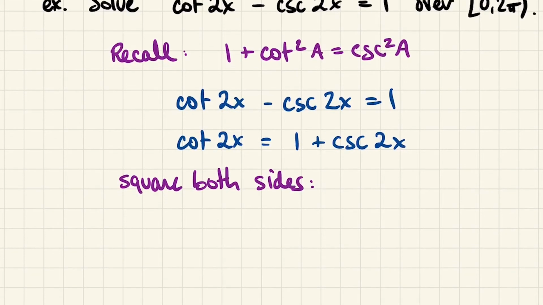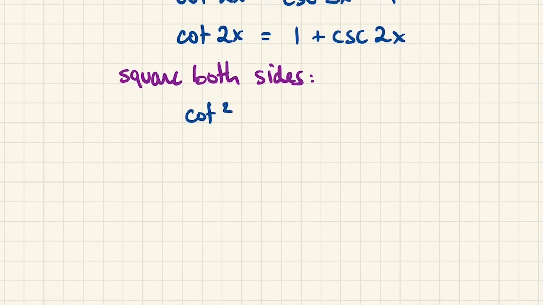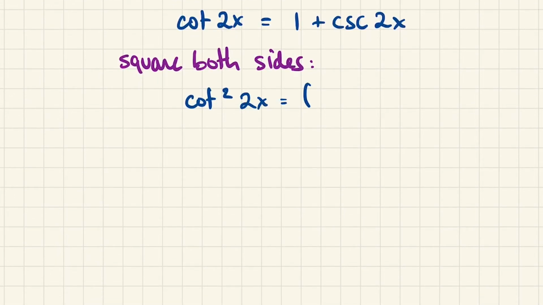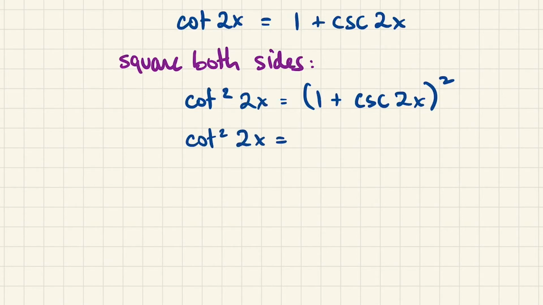So on the left, we're going to have cotangent squared of 2x, and on the right, we're going to actually have 1 plus cosecant of 2x, quantity squared, which needs to be FOILed. So cotangent squared of 2x is equal to 1 plus 2 cosecant of 2x plus cosecant squared of 2x.